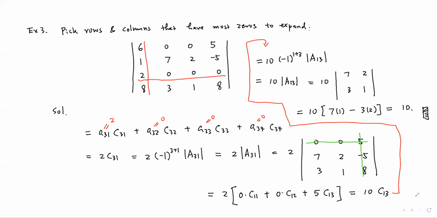That was example 3. Example 4. Let A be a matrix. So I use square brackets. A11, A12, A1n. But the second row is a 0 row.